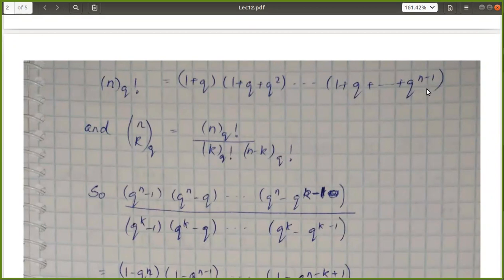Yes, ma'am. So this new n choose k sub q is actually this number. So it's a q multinomial coefficient. Remember, something like this we could have also written as n choose k comma n minus k. We discussed this earlier.